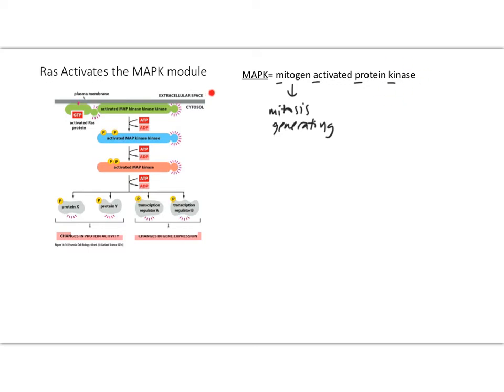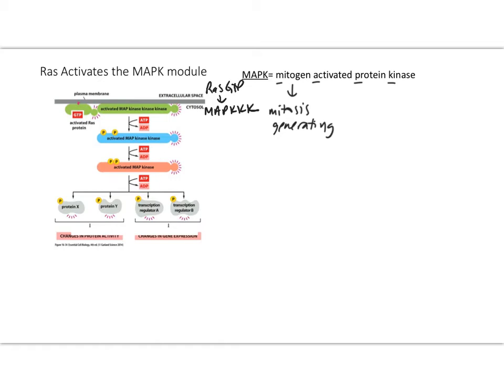So if we start at the beginning, we start with activated RAS, in other words, RAS GTP, and that activates an enzyme called MAP kinase kinase kinase, which is kind of a silly name, but the way that this works out is that the ones with the most kinases are early on, and then the ones with the least kinases are on later.